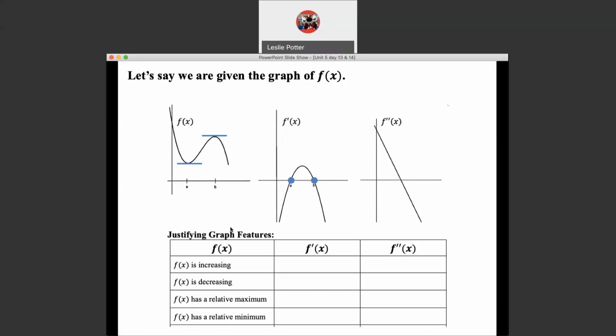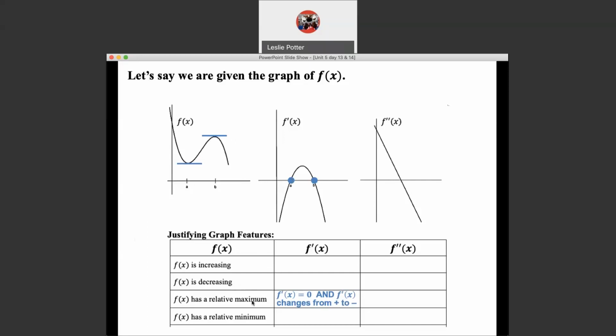And then let's take a look. When we talk about having a relative maximum, we're talking about being at the top of this hill. On a function, we go from an increasing to a decreasing scenario. Of course, increasing means the first derivative is positive, and decreasing means the first derivative is negative.